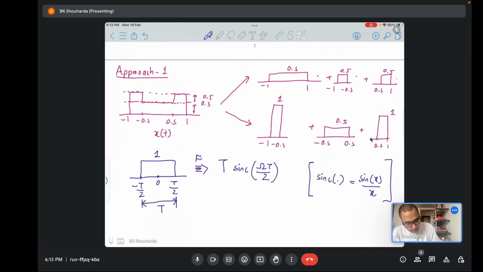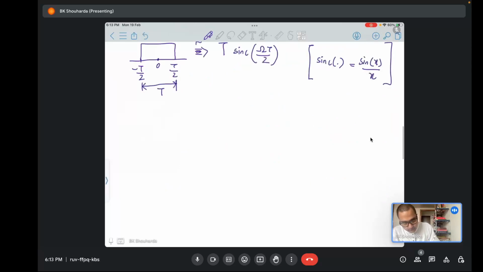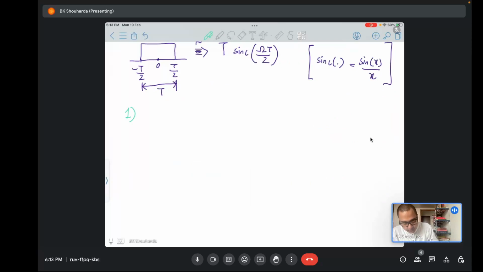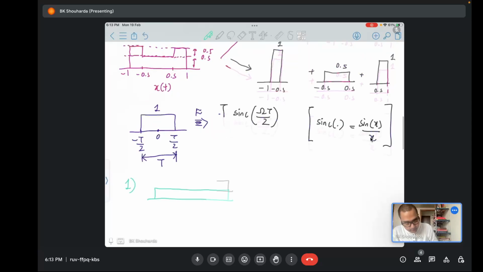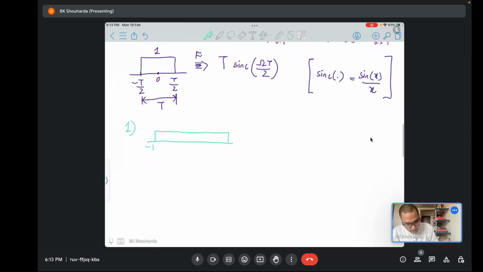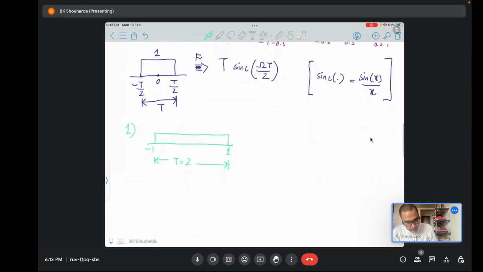Now let us look at the first kind of decomposition. What do we have? We have this big rectangle that starts at -1, ends at 1. So what is the width? The width is T equal to 2. Alright, amplitude is 0.5.